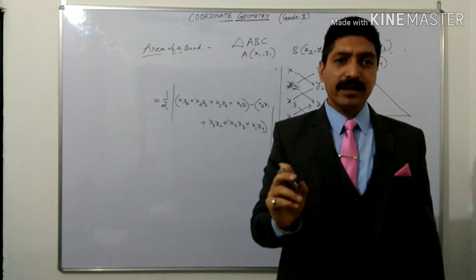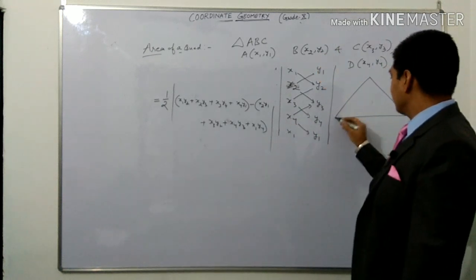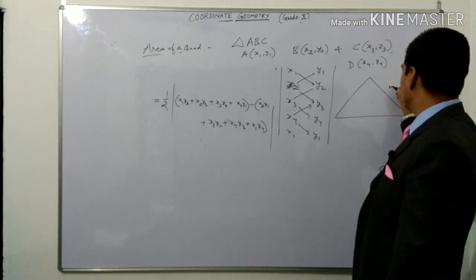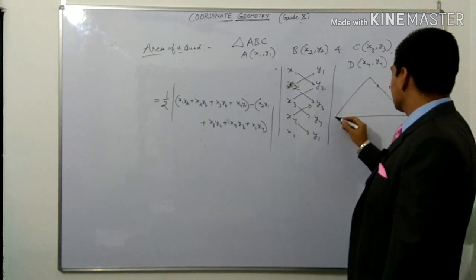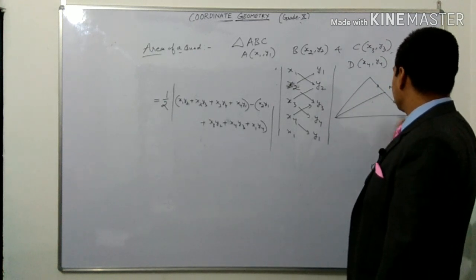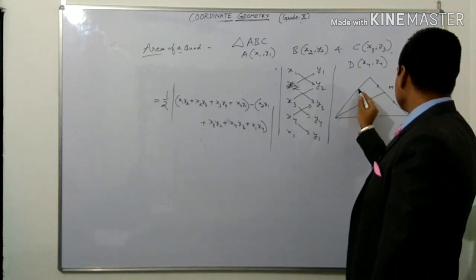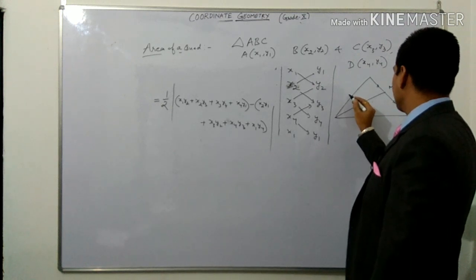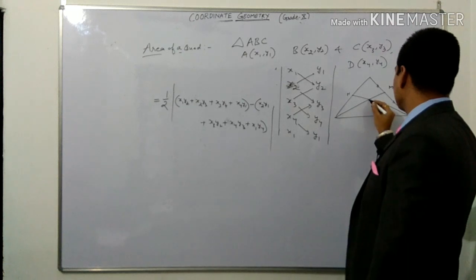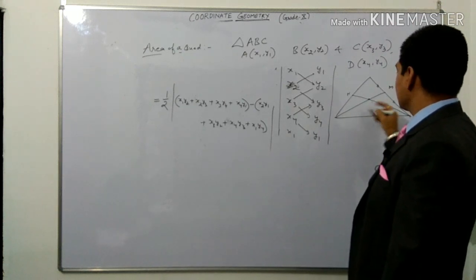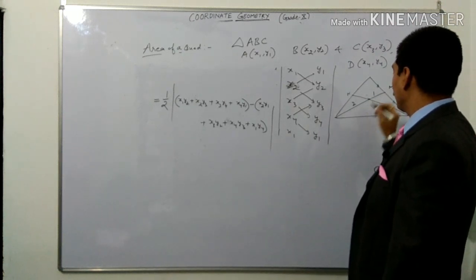So you should know the centroid. Here, the midpoint of the side is the point, and the centroid divides the median in the ratio 2:1.